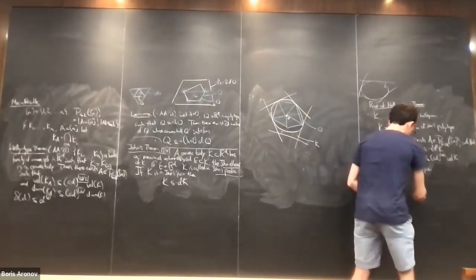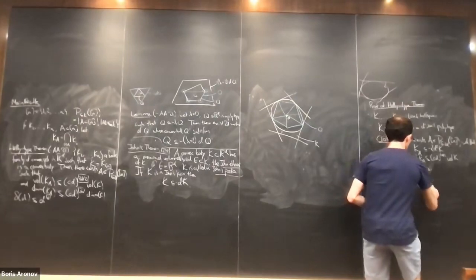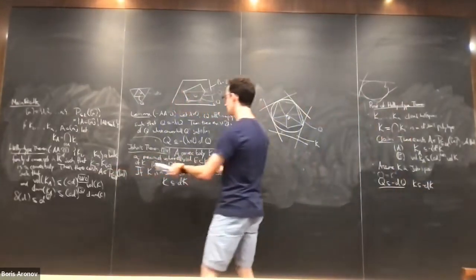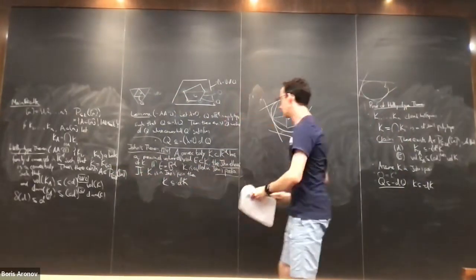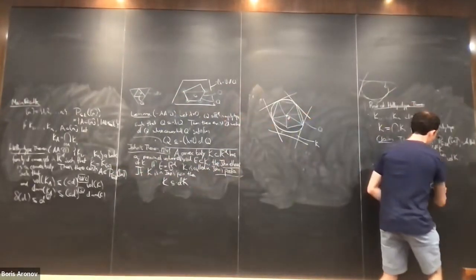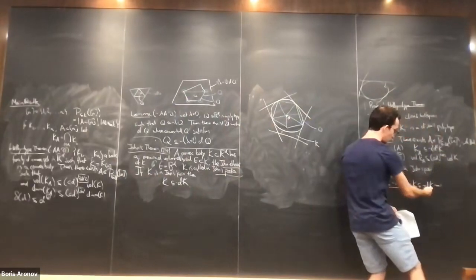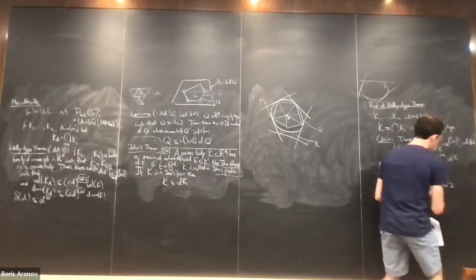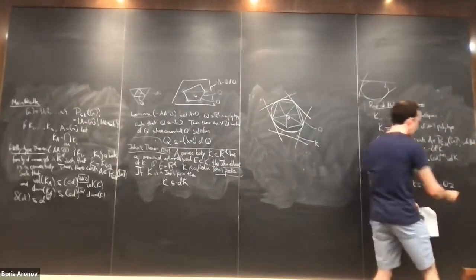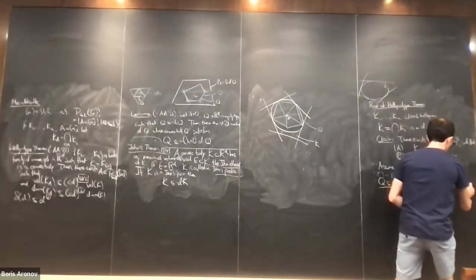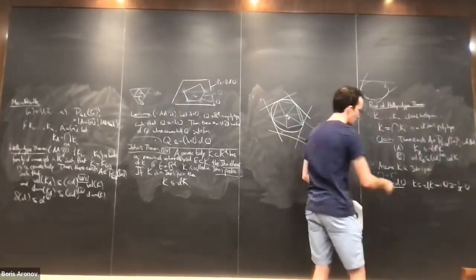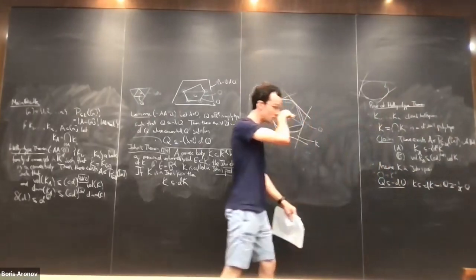Well, K sits inside minus dK from John's theorem, because K is in John's position. And it turns out when you take the polar of an inclusion, the inclusion reverses. And the constant minus d times K becomes 1 over d times Q. And just moving that d over to the other side gets you this inclusion.